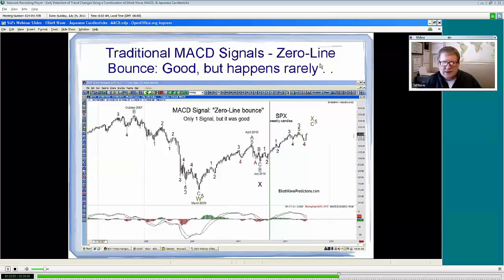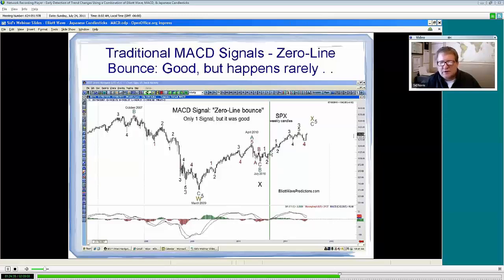Traditional MACD signals. Here's a zero line bounce. It's a good signal, but as you can see, it only happened once in this entire time where the MACD came down and pretty much ran along the zero line and then bounced off of it and started moving back with the trend. And that would have been a really good signal right there.